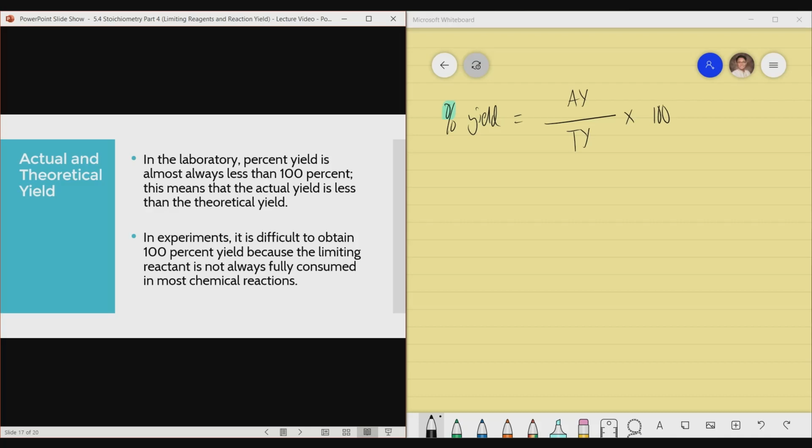In experiments, it is difficult to obtain 100% yield because the limiting reactant is not always fully consumed in most chemical reactions. Again, sorry for the ambient noises that you may be hearing along the way. But nonetheless, let me continue. The content is much more important.